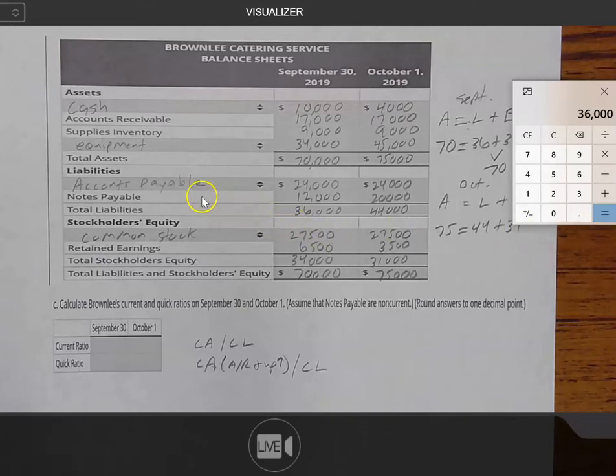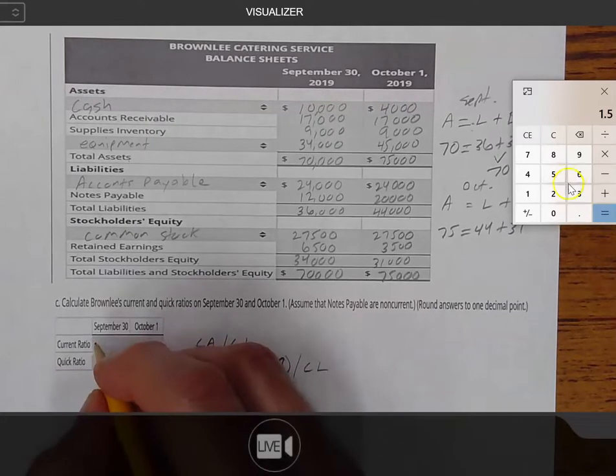For our liabilities, we only have one: accounts payable of $24,000. So since I don't have to add anything, I'm just going to divide that by $24,000, and I'm going to come up with a current ratio of 1.5.